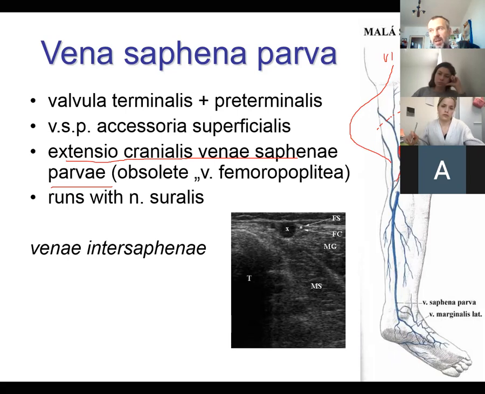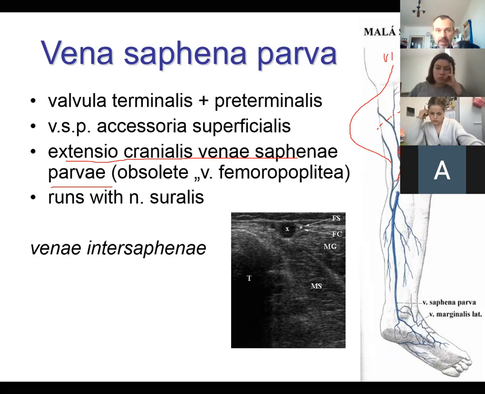Again, it can be left to phlebologists, but please remember we have the continuation of the small saphenous vein on the posterior aspect of the thigh, but then it submerges and fades out somehow.